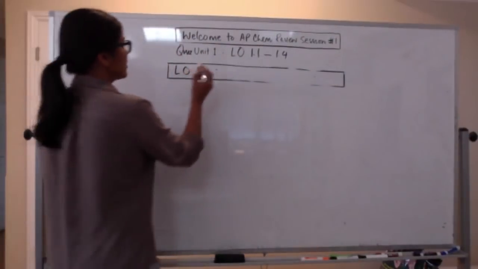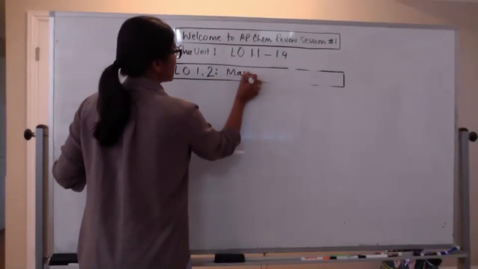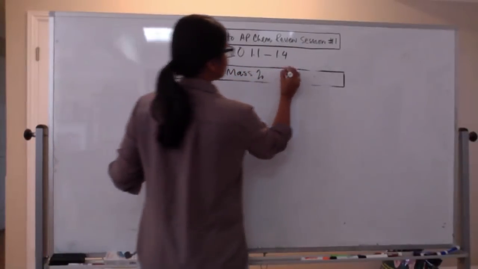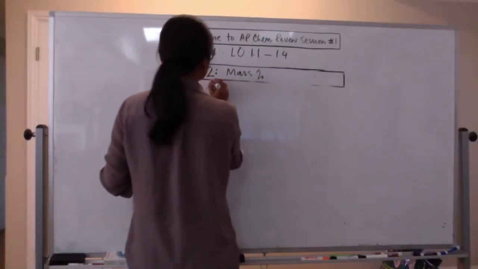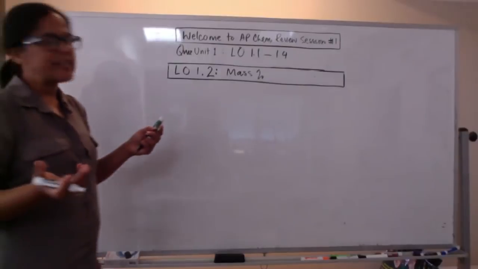So learning objective 1.2 deals with mass percent. And mass percent as a concept is fairly easy.